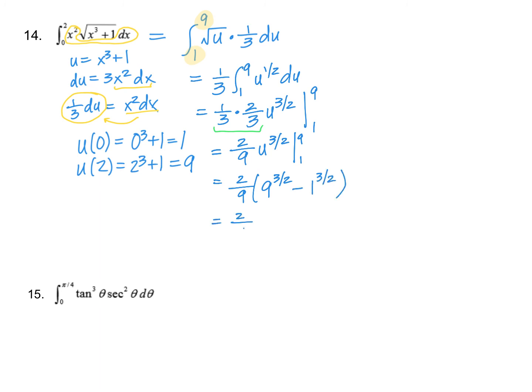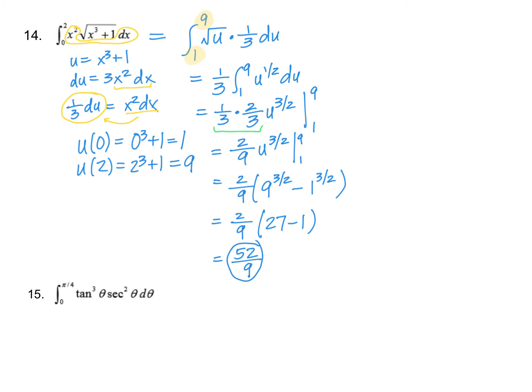All right, so 9 to the 3/2 is 27. 1 to the 3/2 is 1. So then I have 26 times 2 over 9. So that's 52 over 9. And that's my answer. Remember, the answer to a definite integral is a number.